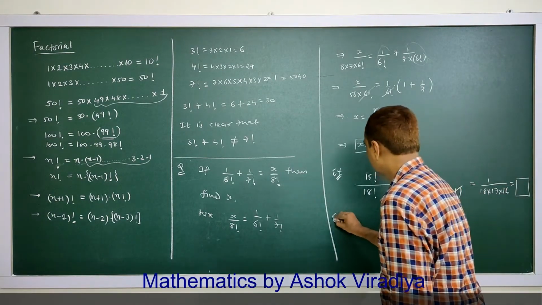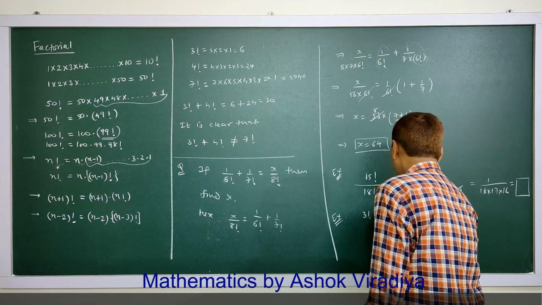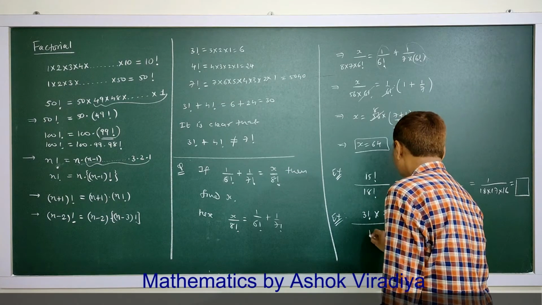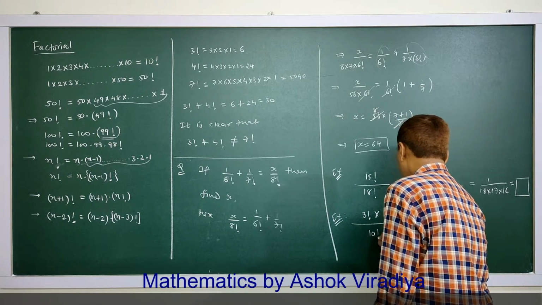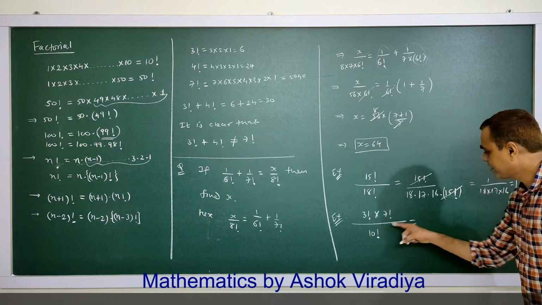Suppose 3 factorial into 7 factorial upon 10 factorial. Now we want to find the value of this expression.